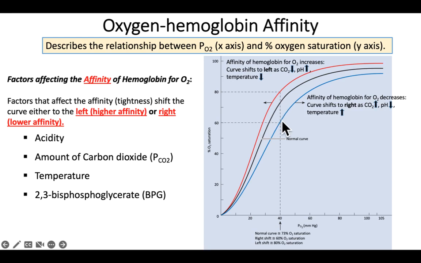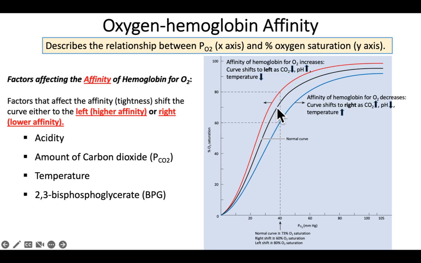So what that means is something must have decreased the affinity hemoglobin has for oxygen. So that tightness decreased. It weakened the attraction, if you will. And what that does is it promotes more of the unloading of oxygen. So that's going to cause hemoglobin to let go of the oxygen instead of hold on to it tightly.